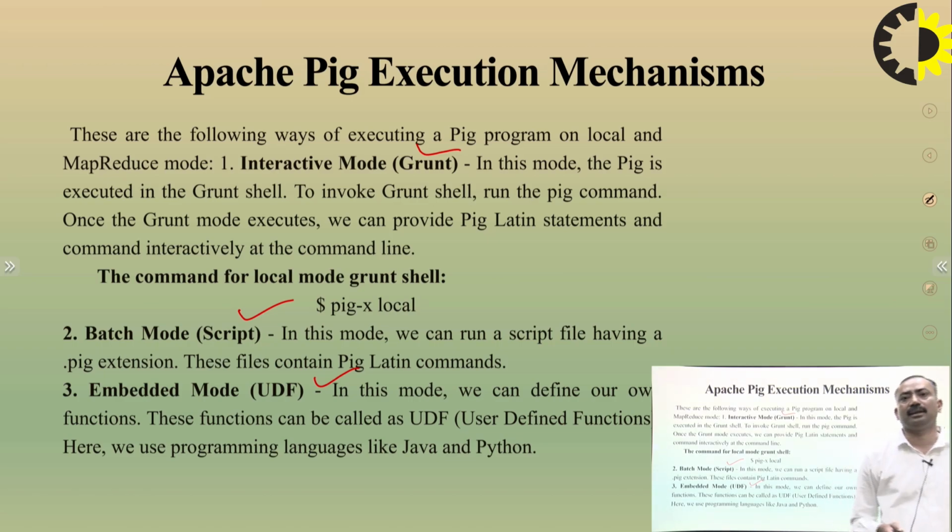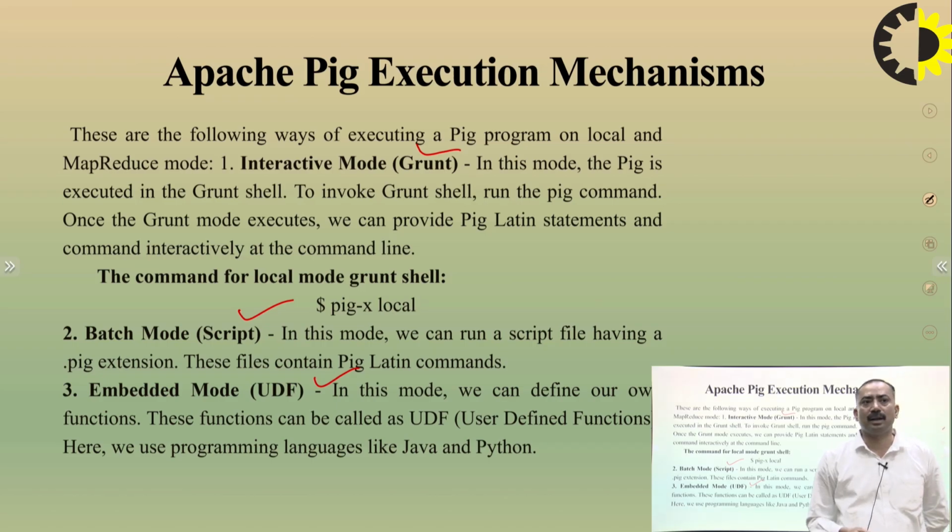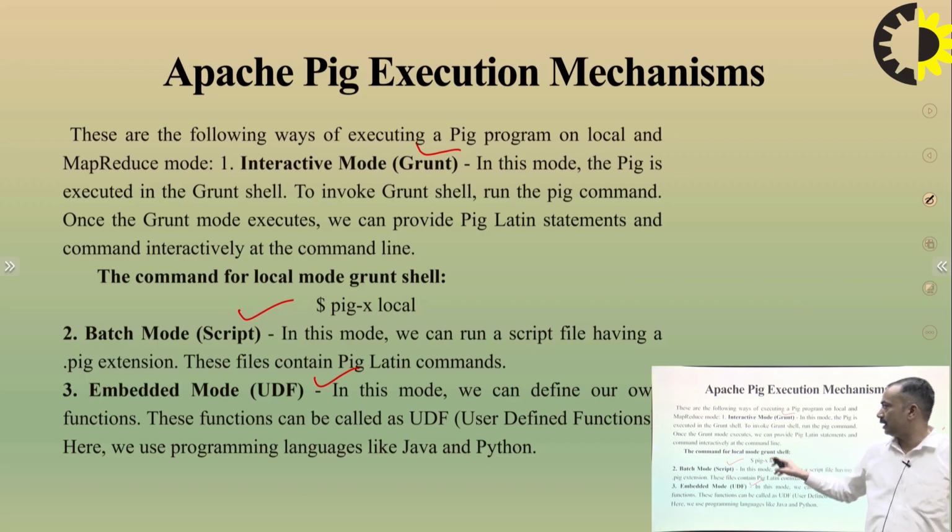We will discuss it later in this section. To invoke the grunt shell, run the pig command. Once grunt mode starts, we can provide Pig Latin statements and commands interactively at the command line. So with the help of this command we can activate interactive mode or grunt shell mode.